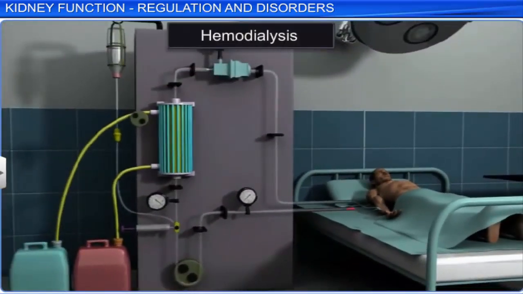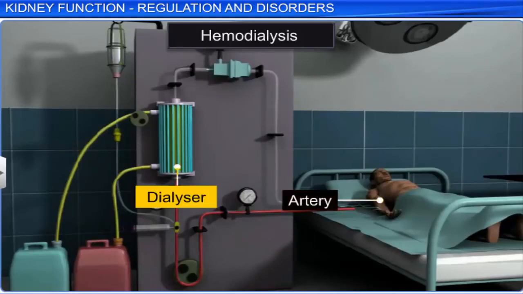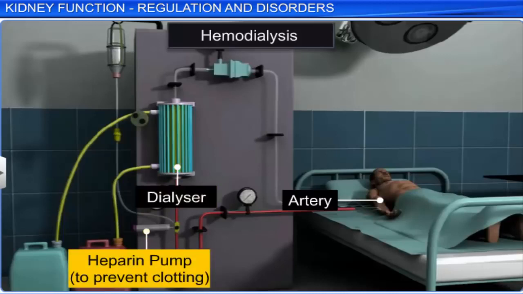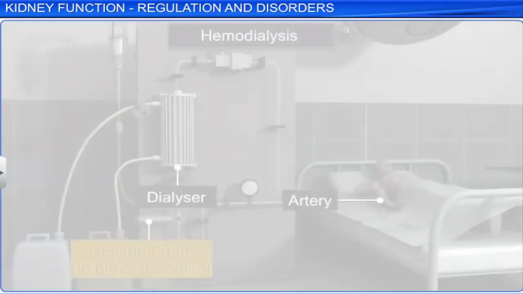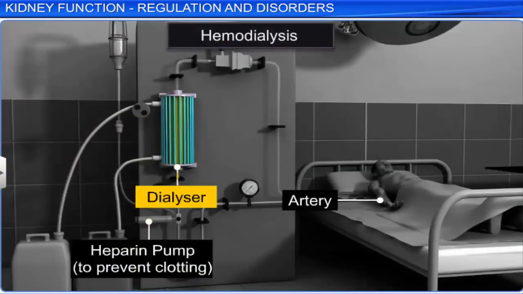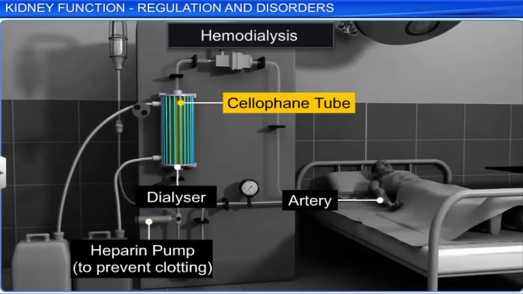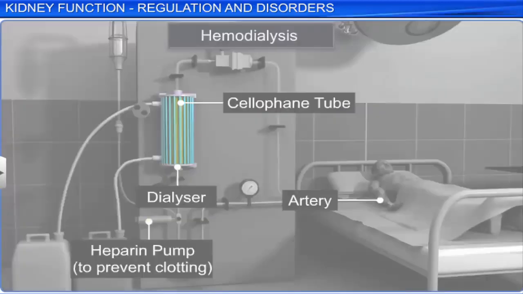In this process, blood from a convenient artery is drained into a dialyzing unit after adding an anticoagulant like heparin. In the dialyzer of the unit, a coiled cellophane tube surrounded by a dialyzing fluid, with a composition similar to plasma except for the nitrogenous waste, is placed.